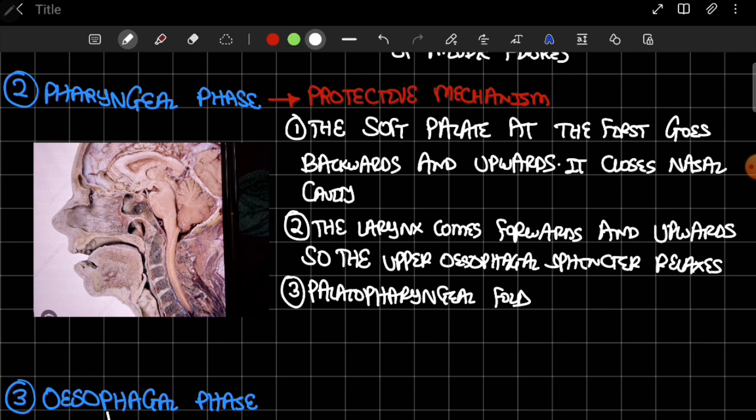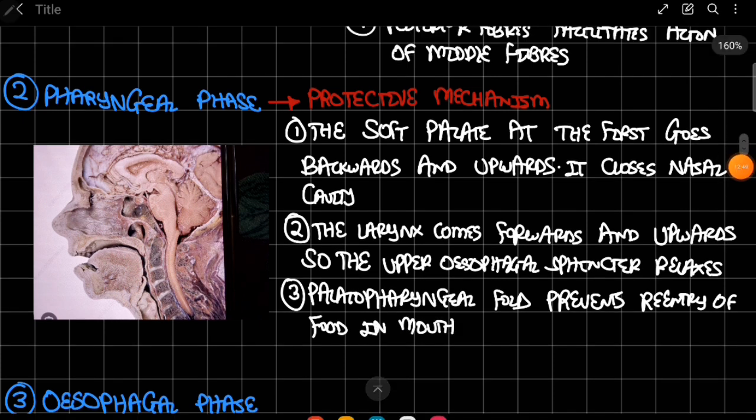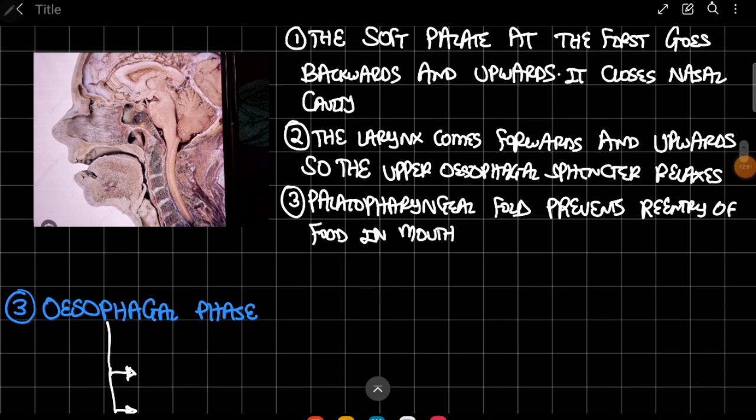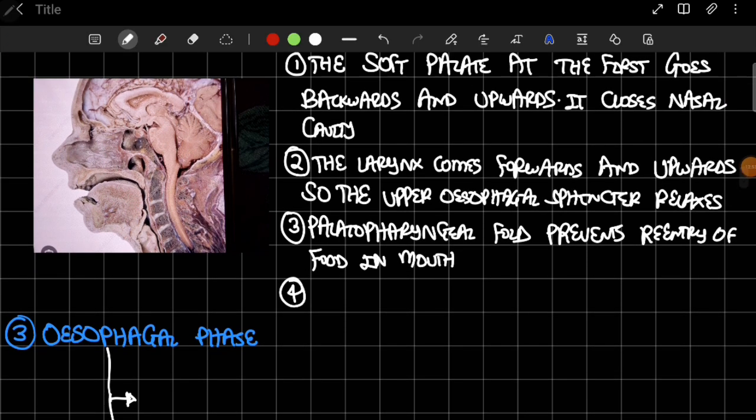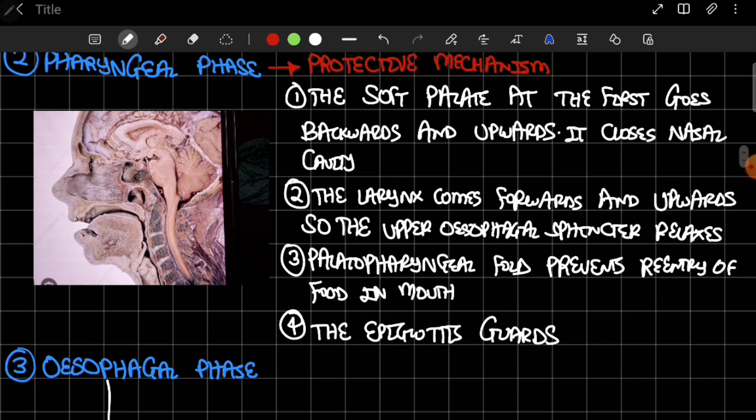So the palatopharyngeal fold prevents re-entry of food in the mouth. Okay, this is the protective mechanism 3. And the fourth protective mechanism is the epiglottis guards. The basic mechanism as we have learned in the primary sections.